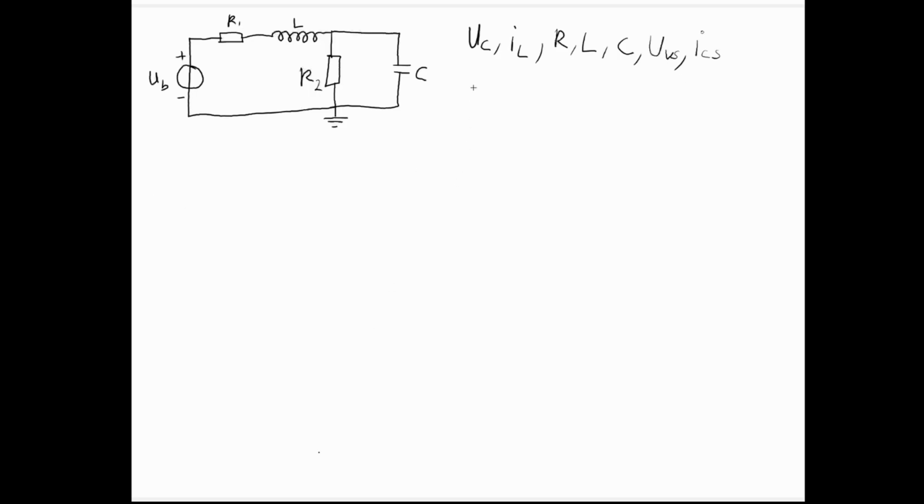Just to take note, the following are not allowed: the current of a capacitor, the voltage of an inductor, the current of a voltage source, and the voltage of a current source.